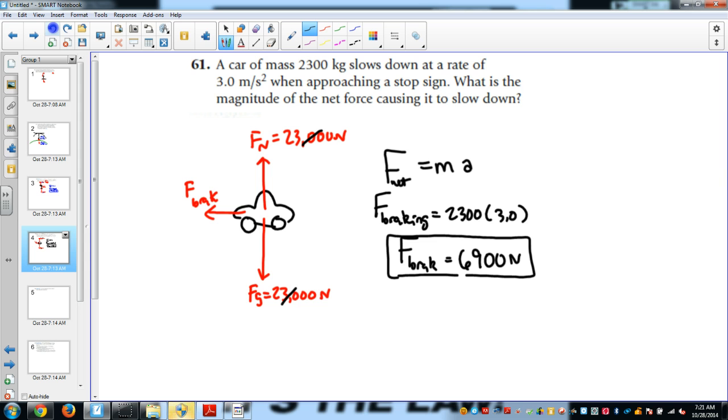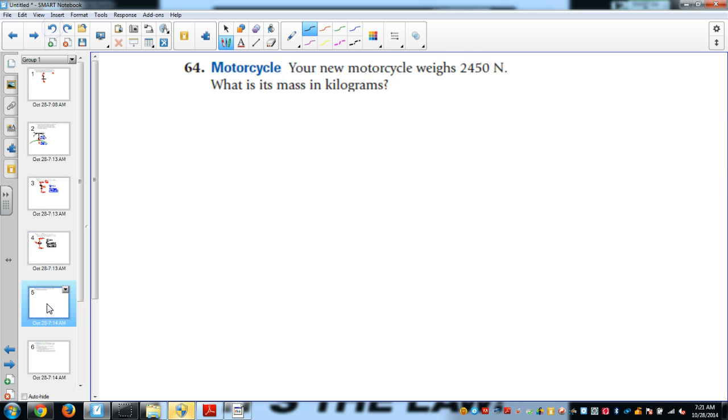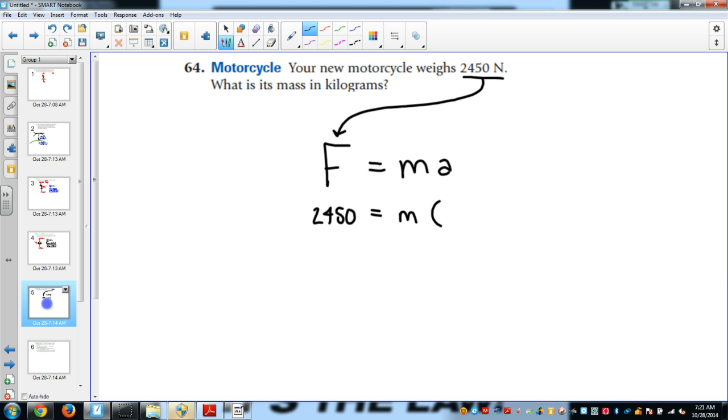The next question is 64. Your new motorcycle weighs, what is its mass? So again, this is F equals ma. Its weight, that's a newton, that's a force, so 2450. What's its mass? The acceleration on planet Earth is 9.80.